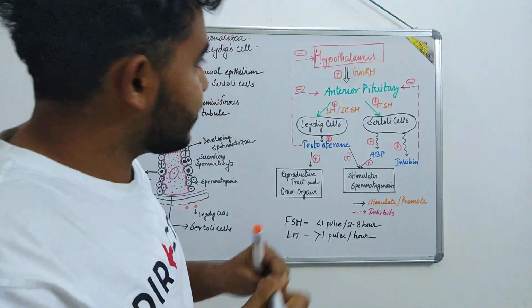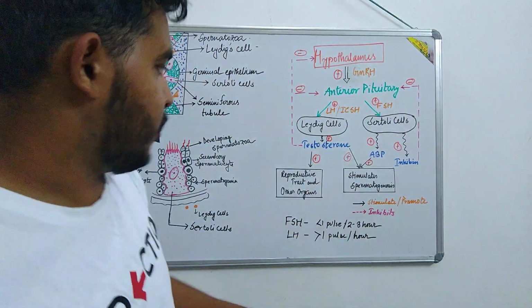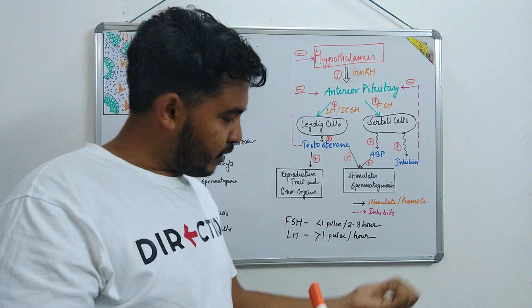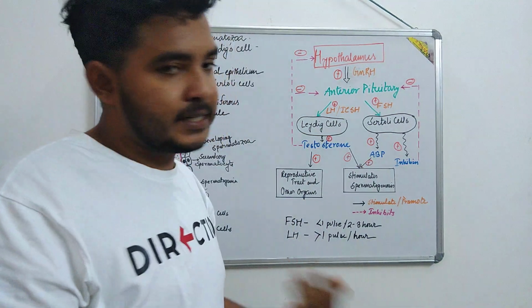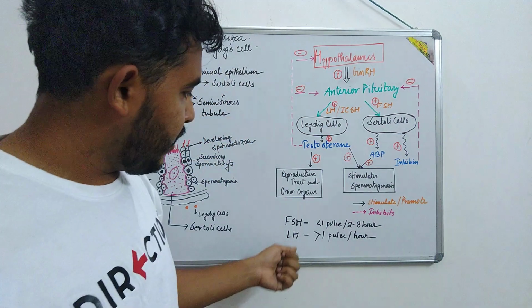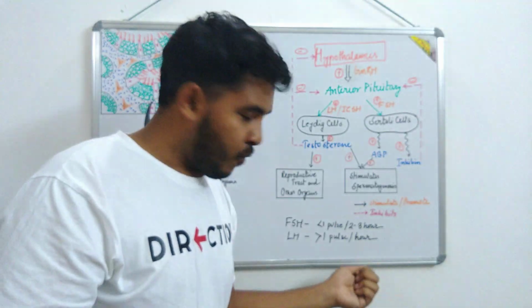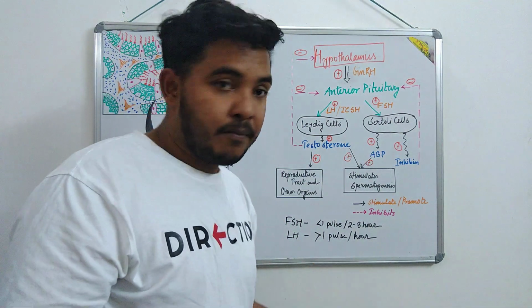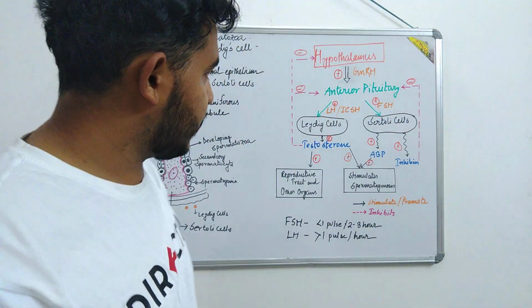So when the GnRH gives the signal to the anterior pituitary, if the pulse is less than 1 pulse in 2 to 3 hours, it means it is secreting FSH. And when the pulse is more than 1 per hour, the quantity is much more, no? So when it is more than 1 pulse per hour, it is secreting LH. Very easy.